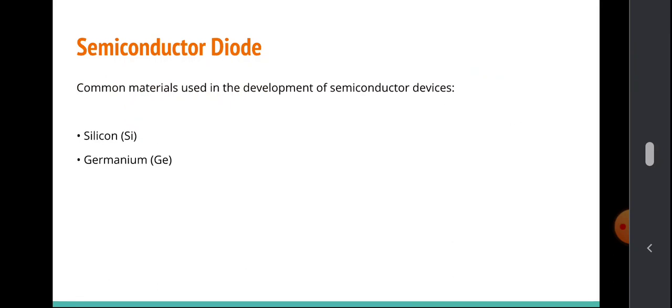For the common materials used in the development of semiconductor devices, the most common are silicon and germanium.